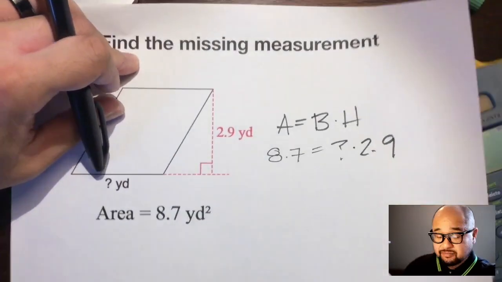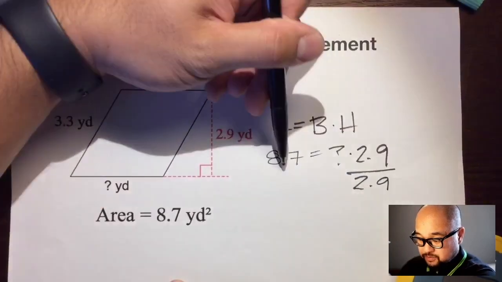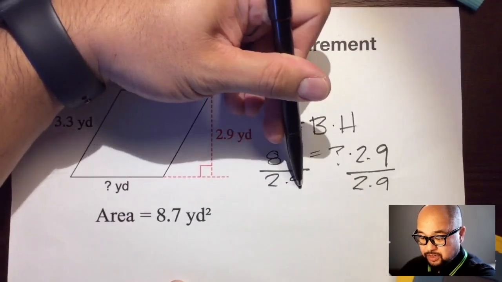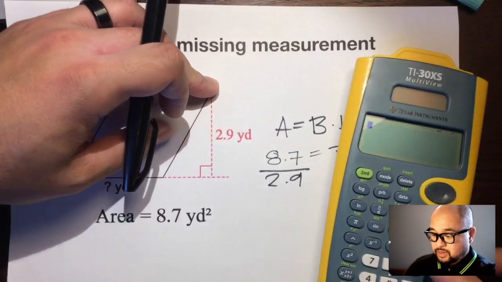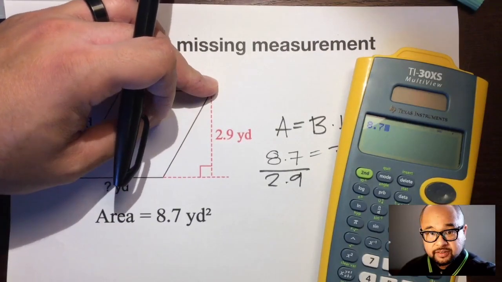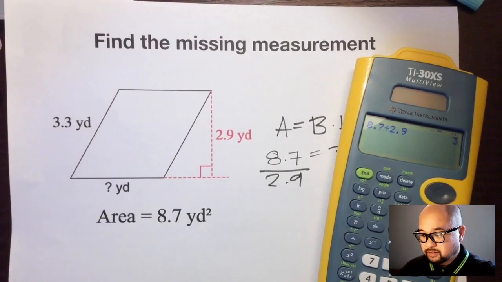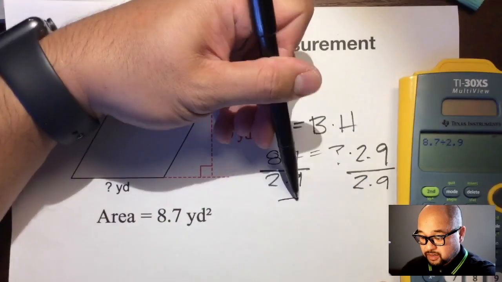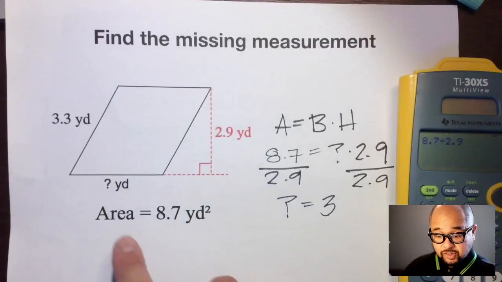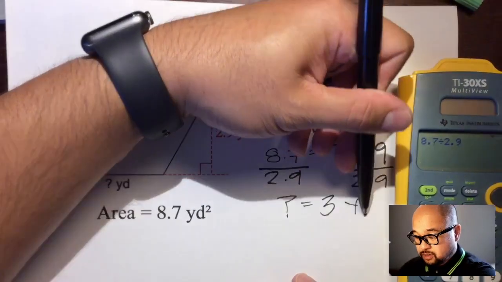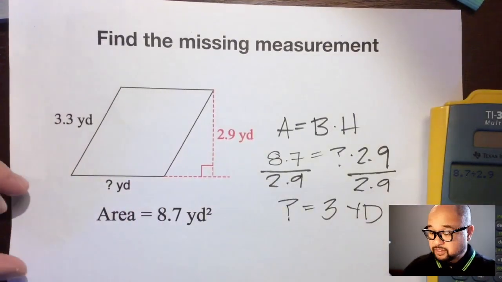All right, let's grab our calculators because opposite of multiplication is division. So we're going to divide both sides by 2.9 to get rid of that 2.9. And so 8.7 divided by 2.9 is 3. Hey, look at that. Question mark is equal to 3. And don't forget the units. What's the unit? Yards. Remember, not yards squared, because it's not the area. We're just trying to find the length.